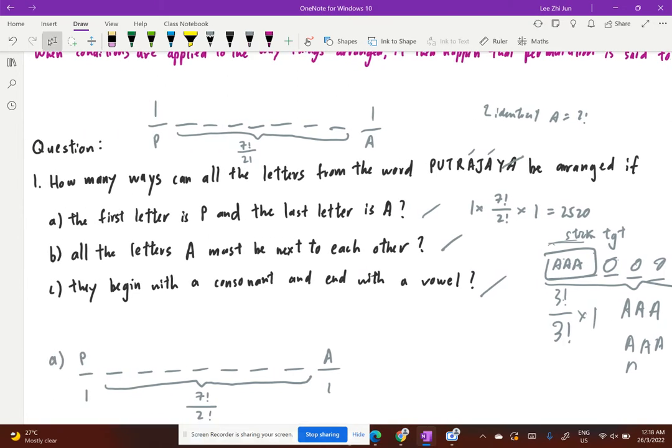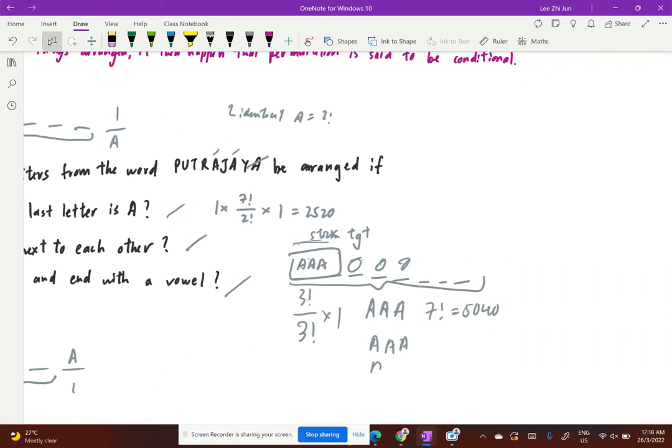And last, they begin with a consonant and end with a vowel. Okay, so I write here.